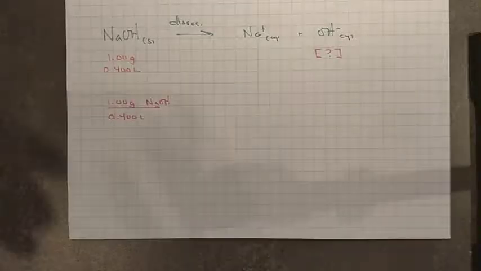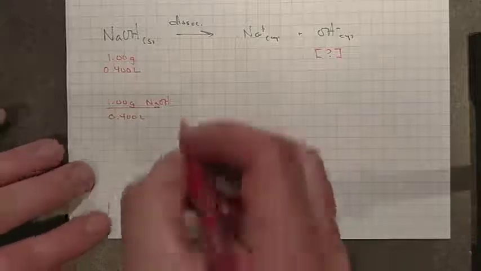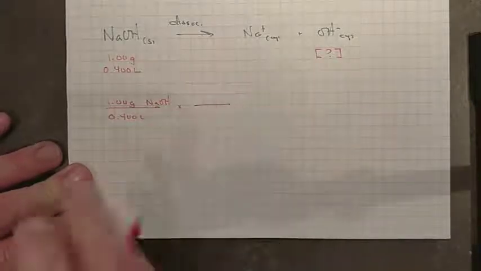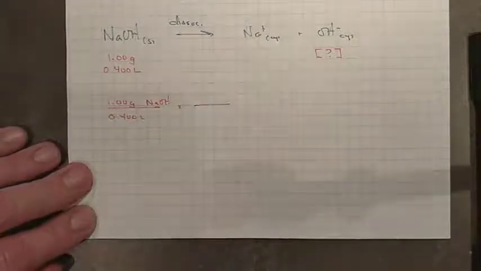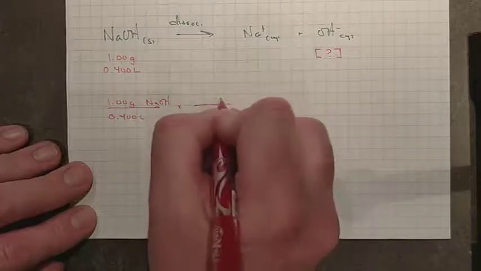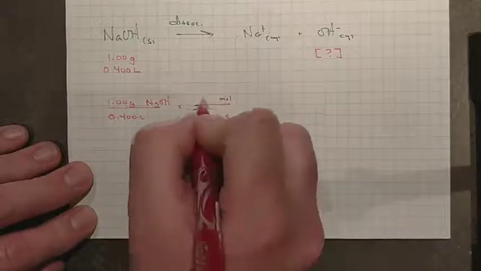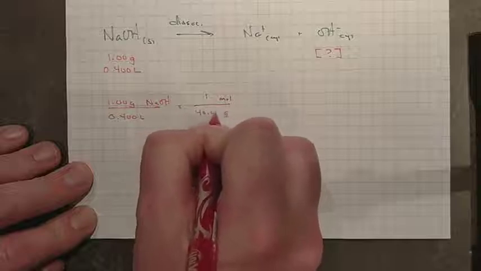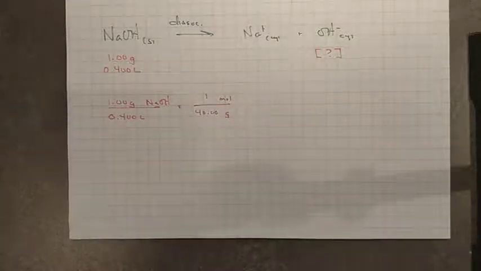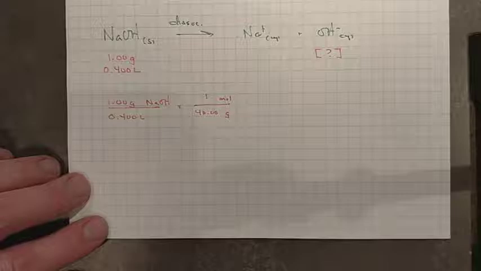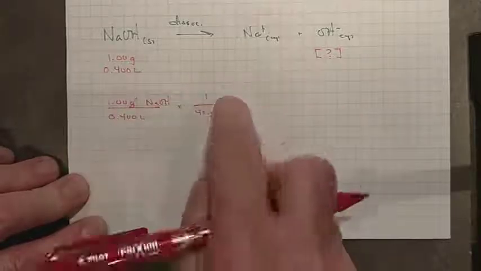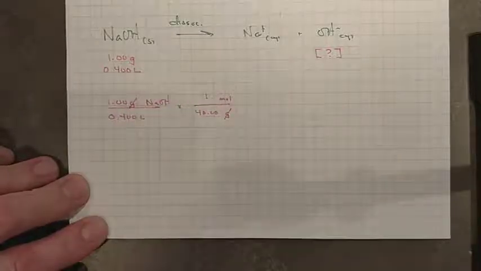This is a concentration in grams per liter, which is valid, but we need moles per liter to be able to deal with the stoich. So we take a look at our molar mass here, moles in the numerator, grams down below. 1 mole of sodium hydroxide weighs exactly 40 grams. The grams now go, and you have moles per liter of sodium hydroxide.